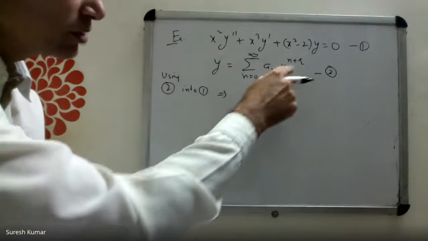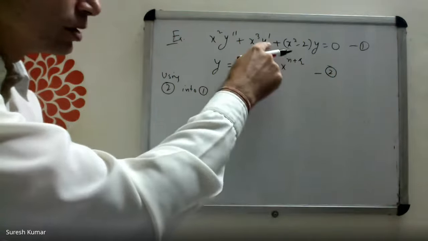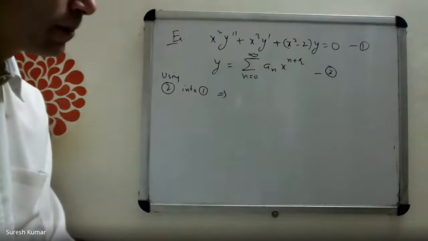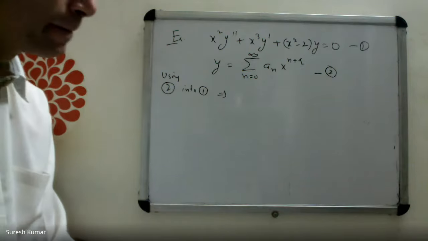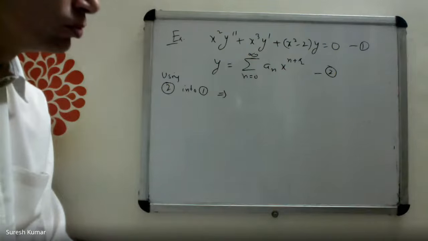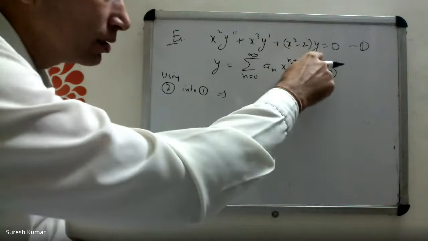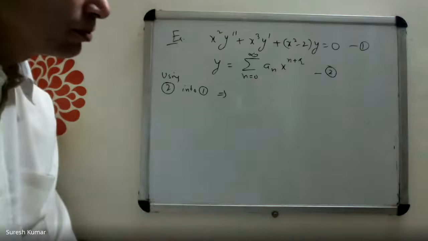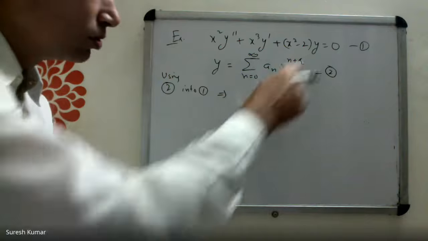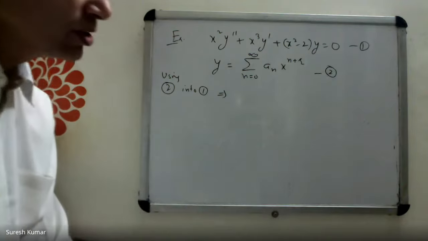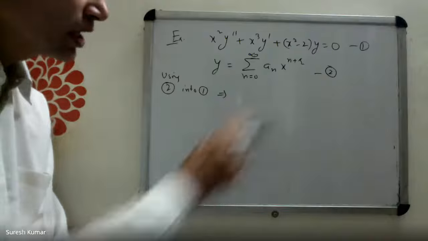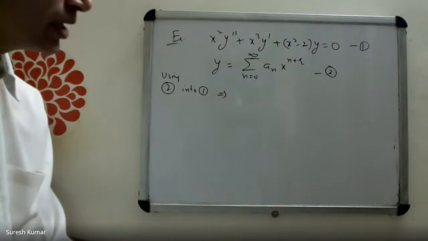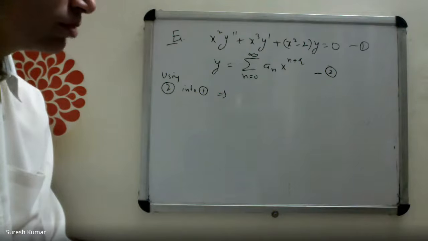What is the power? x power n plus r. First derivative multiplied with x power 3. Power is n plus r plus 2. Here y multiplied with x square, power is x power n plus r plus 2, and last one is minus 2 times y means x power n plus r. So there are two kinds of terms, x power n plus r and x power n plus r plus 2.